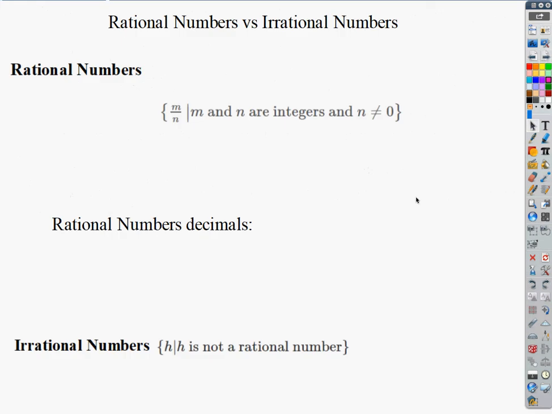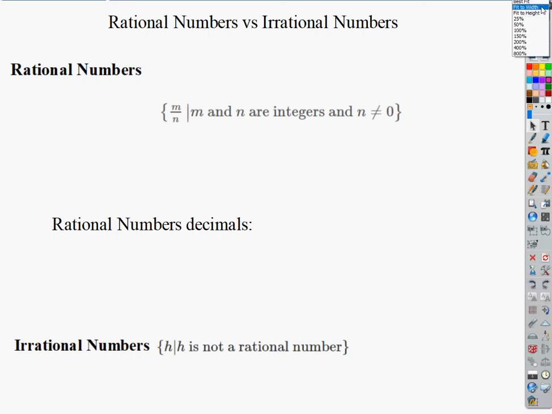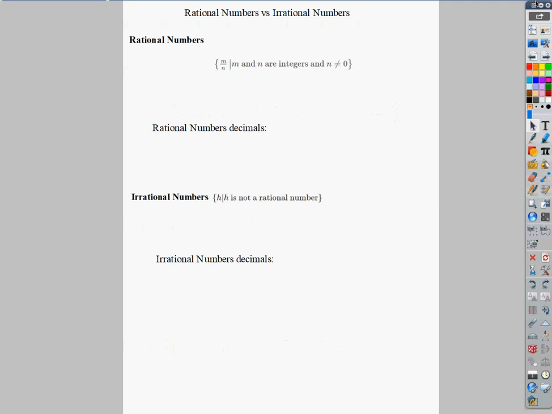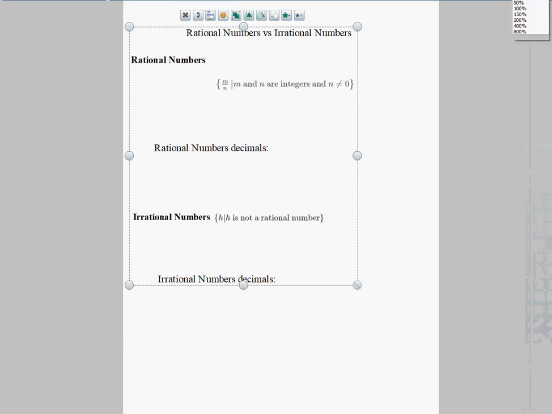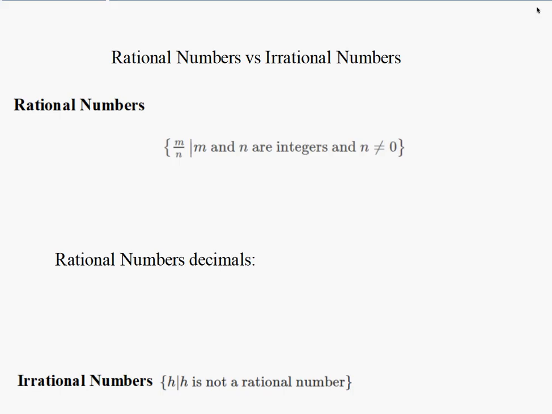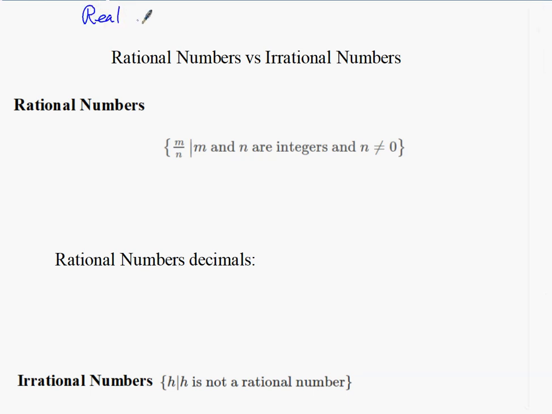So for today, we're not going to do much. I just want to do a little review of some concepts from Algebra 1 and maybe even a little bit from middle school. Okay, so all the numbers that you have ever used in your entire life fall under the category of real numbers.